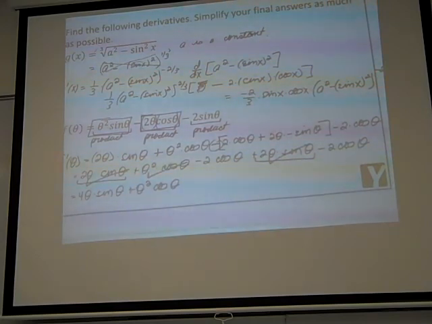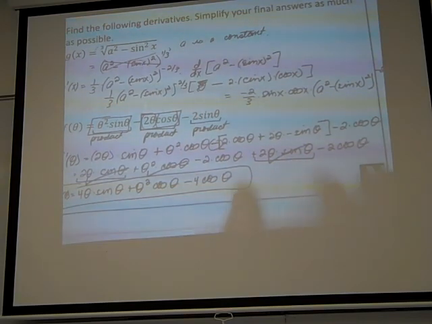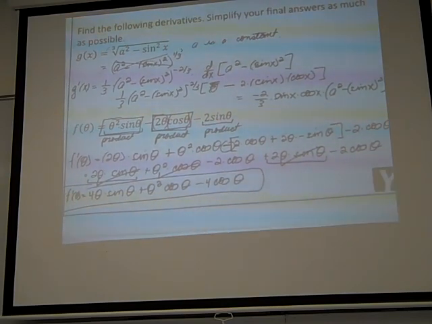I don't see any like terms there. Negative 2 cosine theta, and another negative 2 cosine theta is negative 4 cosine theta, and I think I stop there. That's my f prime of theta right there.